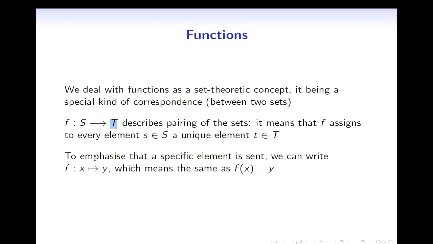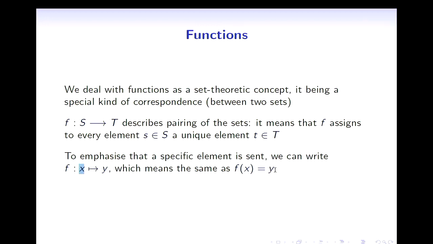Sometimes when I want to emphasize that a specific element is being sent or used as input, then I would be writing it in this form, a slightly different arrow, indicating that a very specific element x is mapped to a specific element y, which then means the same as the function value of x is y.